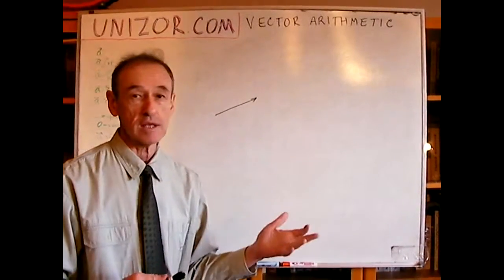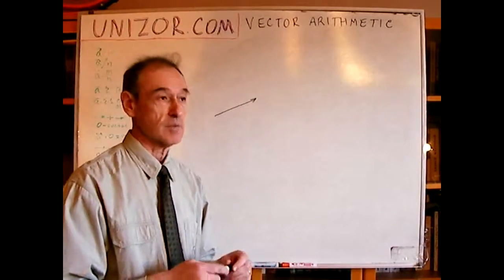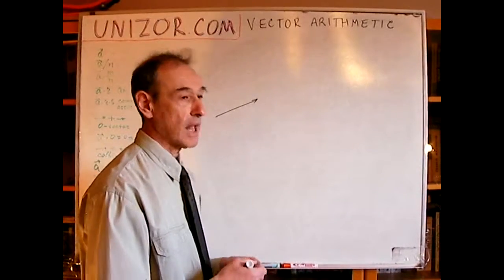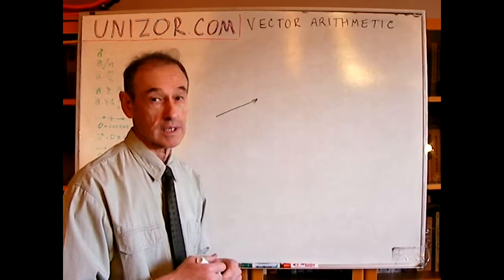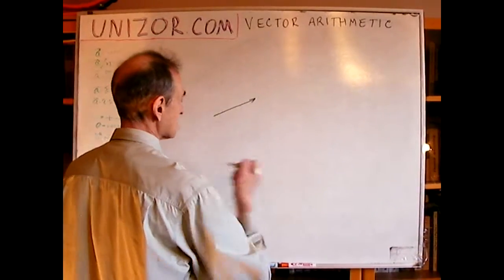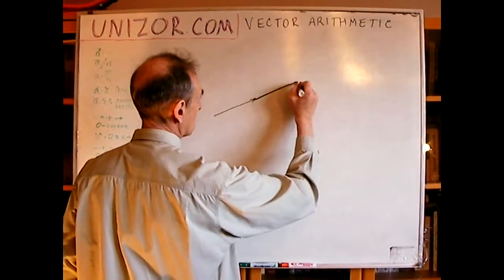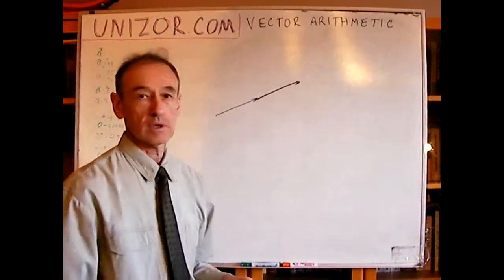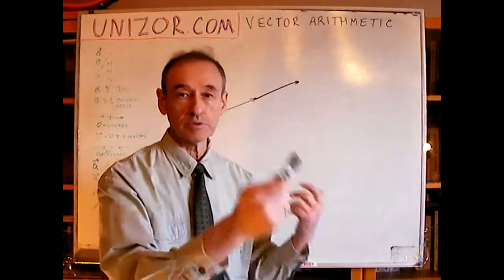Since we retain the direction, the vector stays the same, which implies the rule that multiplication by 1 doesn't change the vector. Multiplication by 2 makes it twice as long, and multiplication by 25 would be 25 times longer.